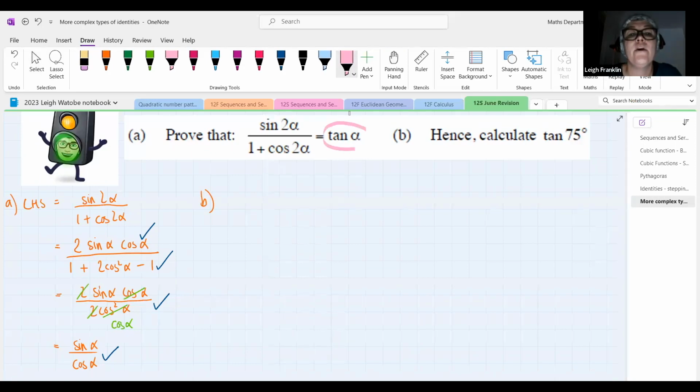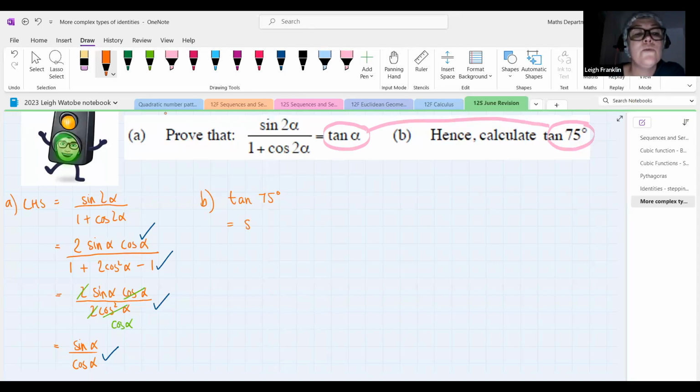Here's the tan of alpha. There's the tan of 75. This is our connection. All right, so that means that the tan of 75 has got to be equal to what is on the left-hand side. So the tan of 75, they are implying that alpha must be equal to 75.